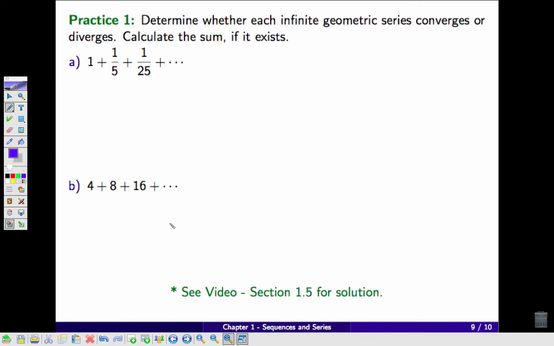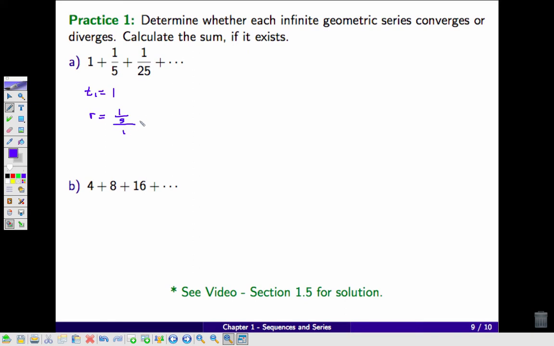So, only a few examples. Again, I'll do A, and I'll give you the solution to B. It says determine whether each infinite geometric series will converge or diverge, and calculate the sum if it does exist. Well, first of all, here's the series, T1 is 1. It all depends on what r is. If r is bigger than 1 or less than -1, this will diverge and we're done.